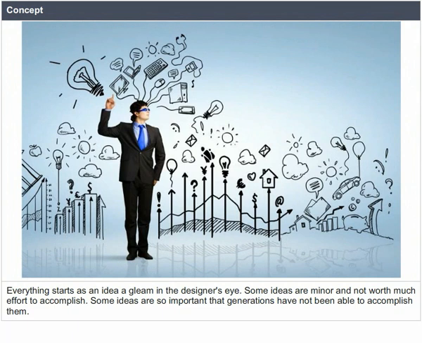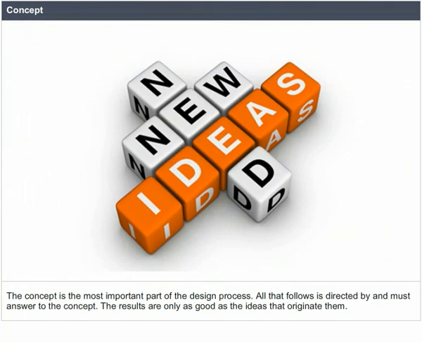Some ideas are minor and not worth much effort to accomplish. Some ideas are so important that generations have not been able to accomplish them. The concept is the most important part of the design process. All that follows is directed by and must answer to the concept. The results are only as good as the ideas that originate them.